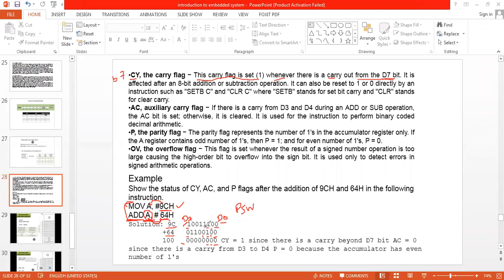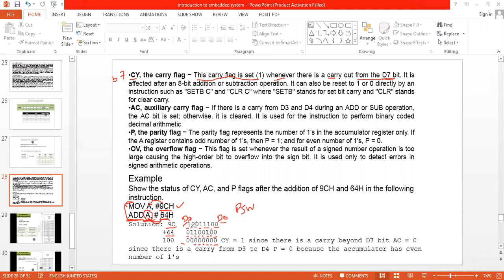Then again 1 plus 1. Again it is 2. 2 means 0, carry 1 here. Now again 1 plus 1. It is 2. So 0, carry 1. Now again 0 plus 1 plus 1. So total again it is 2. 2 stands for again 0 and carry 1.